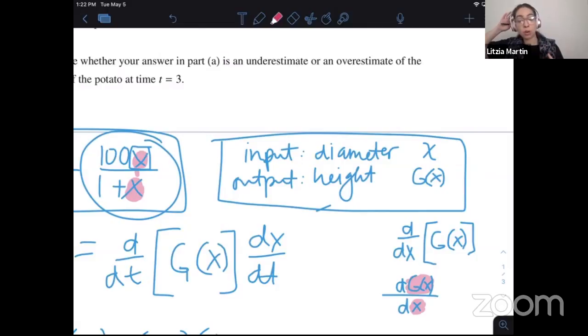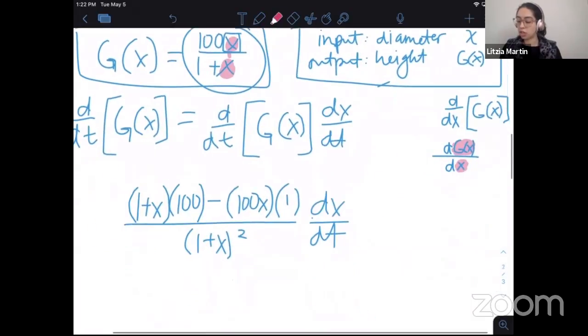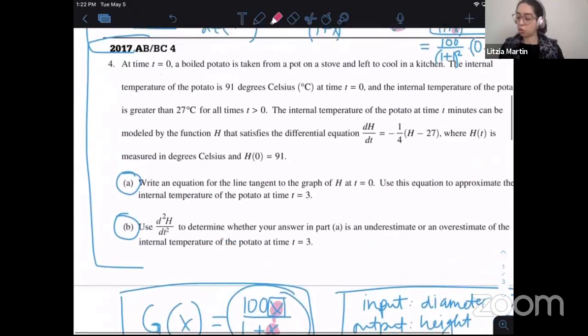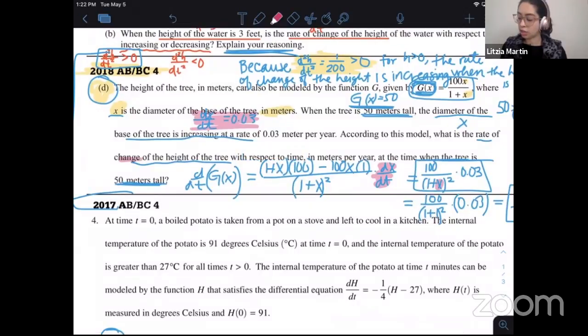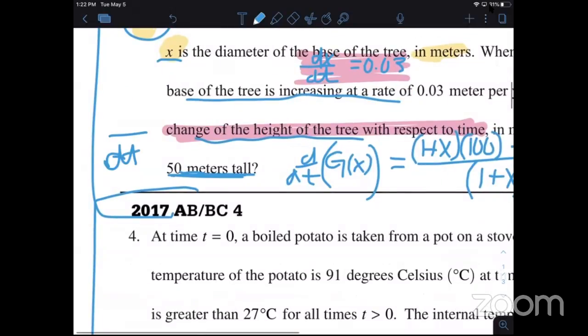But what we want to know is, g of x, how much does the height change over time? Going back to this question, the key phrase right here, change of height of the tree with respect to time. Whenever it says with respect to something, that's going to be the bottom part. d t, that's with respect to time.